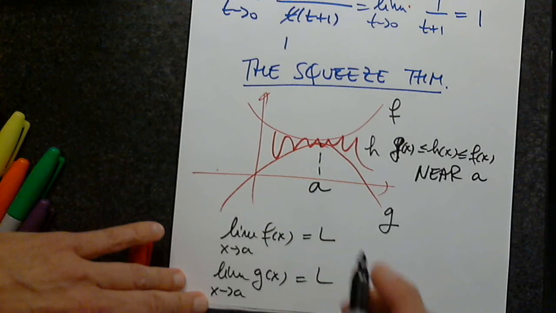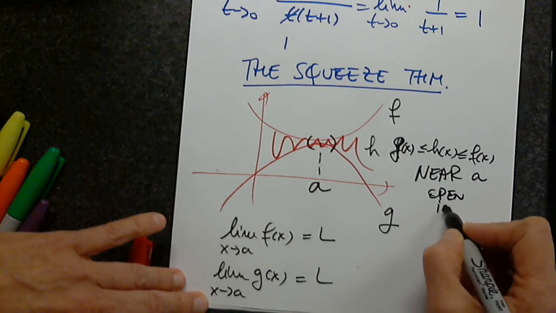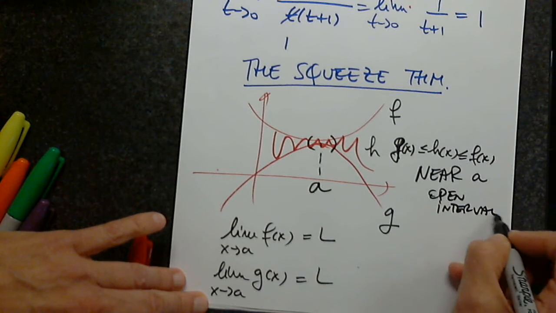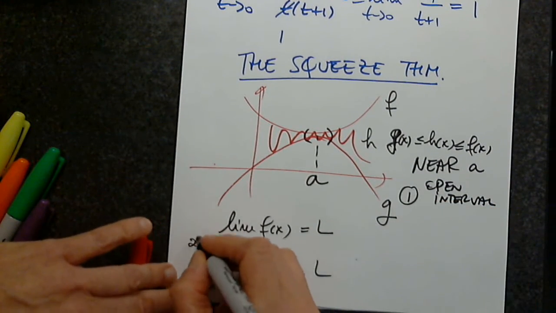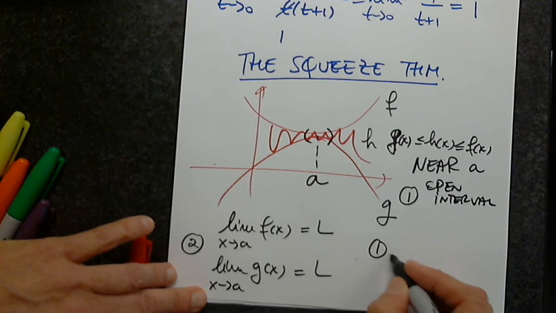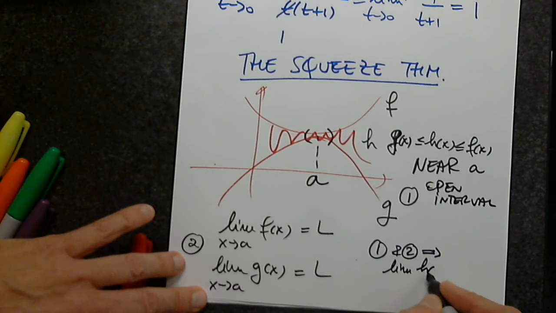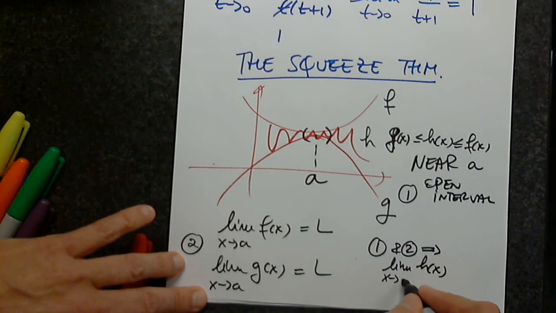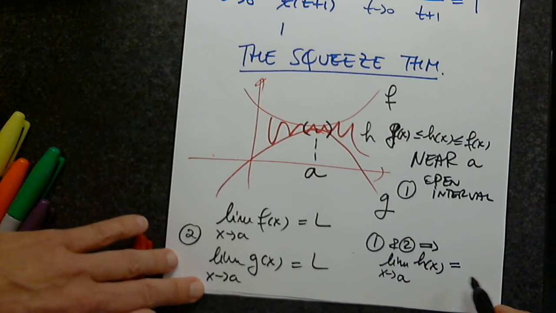What do we mean by near? In an open interval. So this is the first hypothesis. This is the second hypothesis. From 1 and 2, I conclude that the limit of h of x as x approaches a from either side must be L.